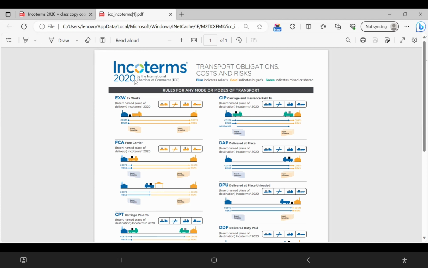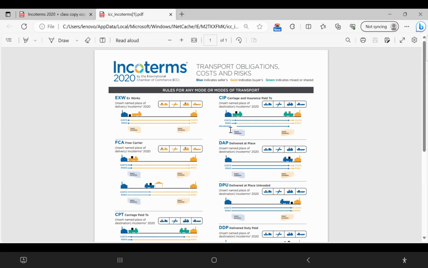That is good enough from the CDCS perspective. Incoterms talk about transport obligations, costs, and risk. After I take you through a couple of Incoterms, you will be able to understand more just by looking at the image.